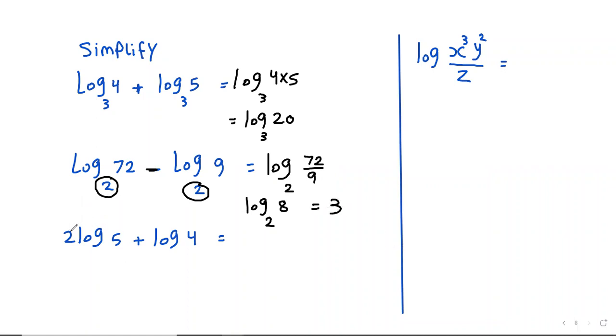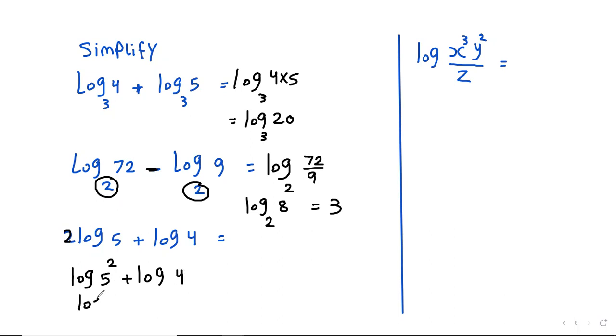What about the next one? Here we have 2 log 5. So 2 log 5, we can write it as log 5 to the power of 2. Okay, if you remember, log 5 to the power of 2 is the same as 2 log 5, plus log 4.